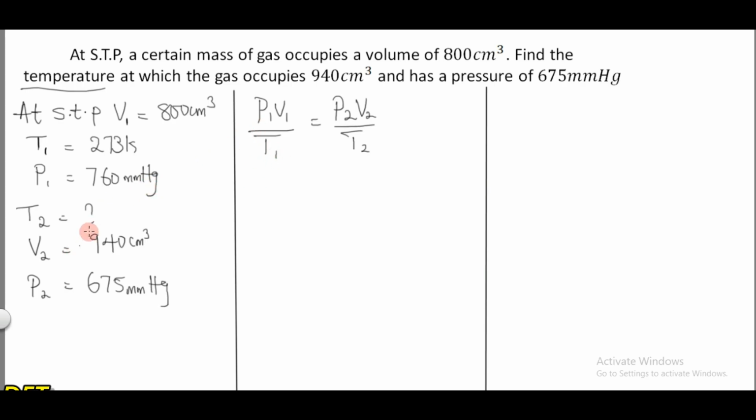My P1 is 760 millimeters of mercury, so this will be 760 times my V1, which is 800, over my T1, which is 273 Kelvin.